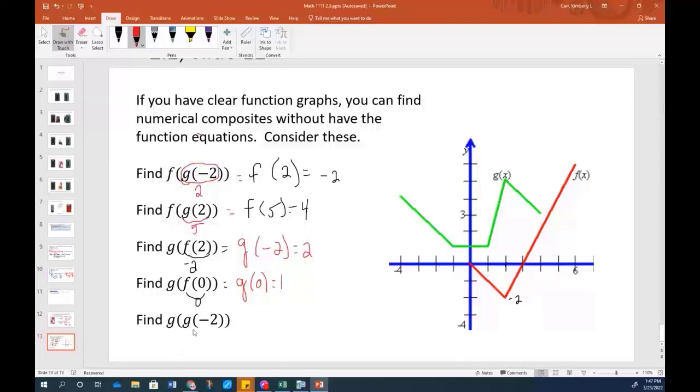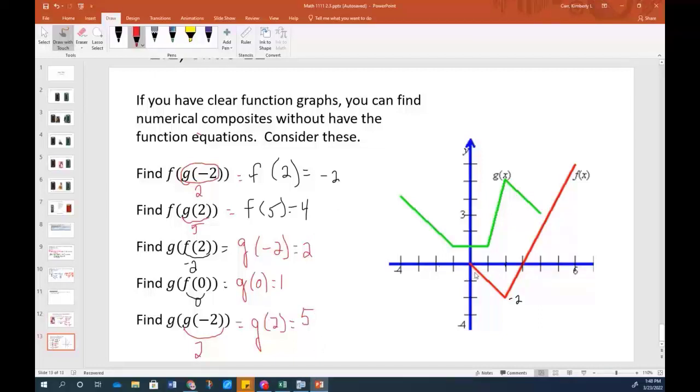Now here we have g of negative 2. Well, I've already found g of negative 2. It was equal to 2. This one is still the g function, but now I'm putting a 2 in. So what is g of positive 2? Well, I go over to positive 2, go up to the g function, and it looks like that one is 5.